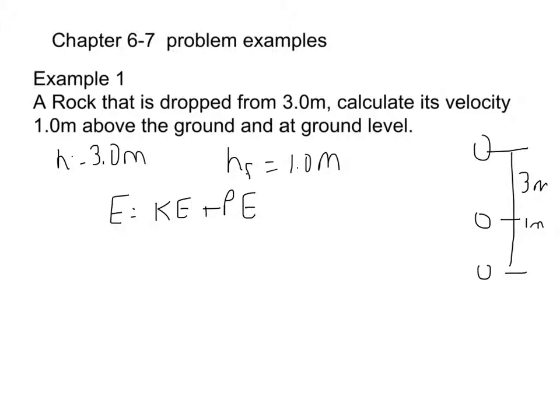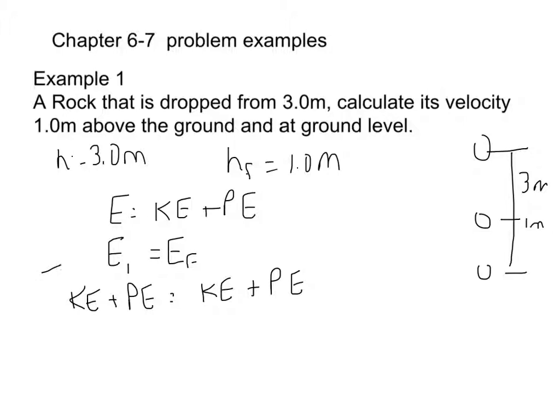So when we look at this, my energy initial has got to equal my energy final. So my kinetic energy plus my potential energy has got to equal my kinetic energy plus my potential energy, this being the initial side and this being the final side.